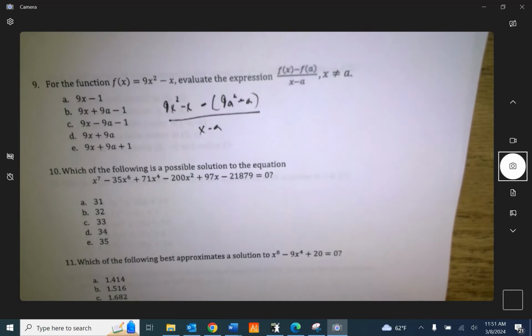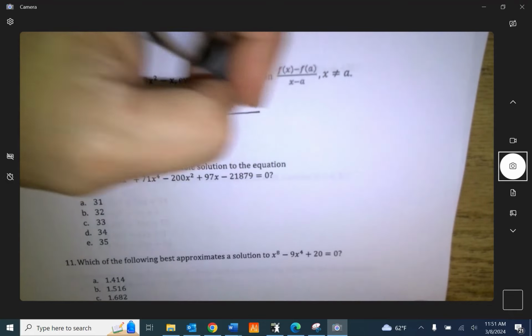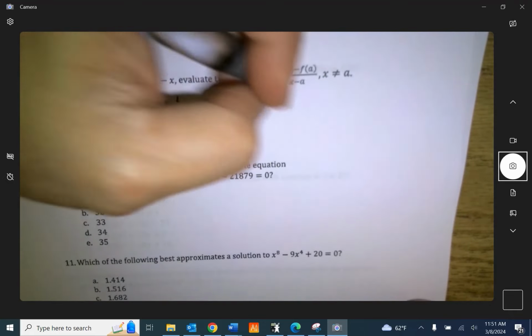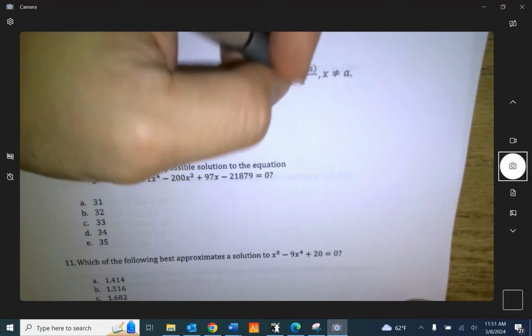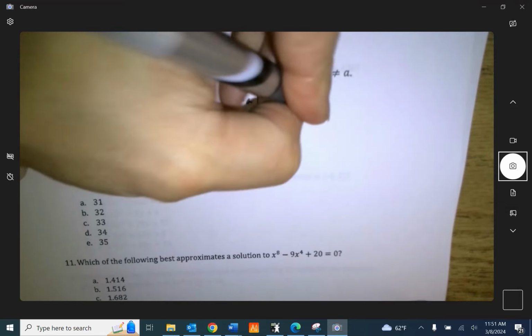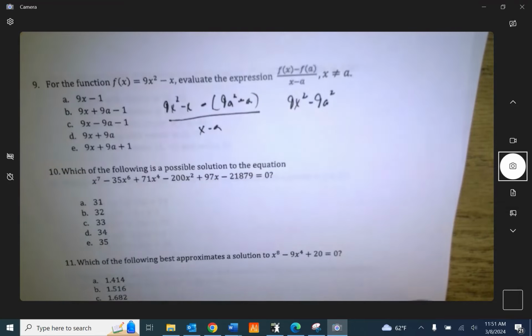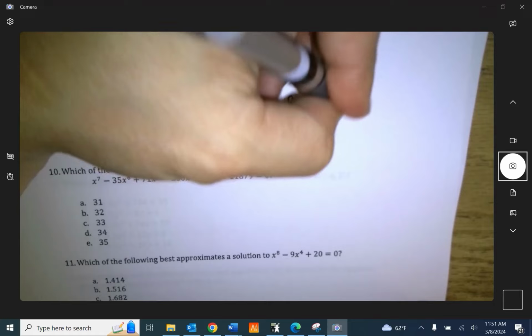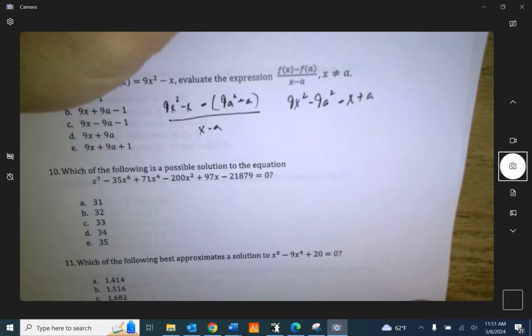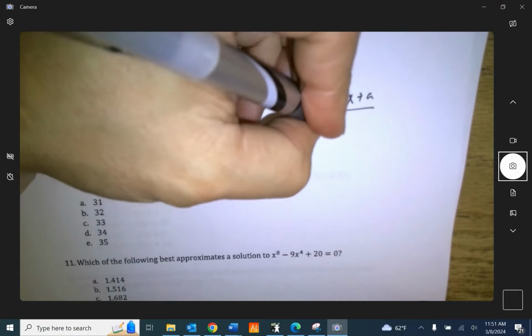Kind of weird looking, isn't it? Let's clean up some things here. We'll have 9x squared minus 9a squared. And we're going to have minus x plus a. And it's all sitting over x minus a.